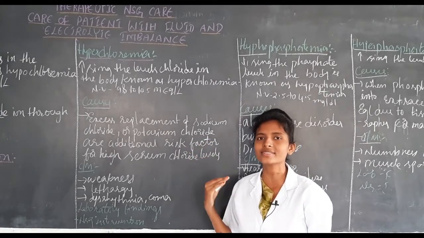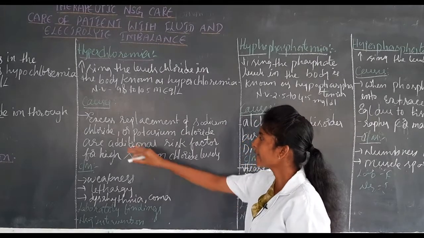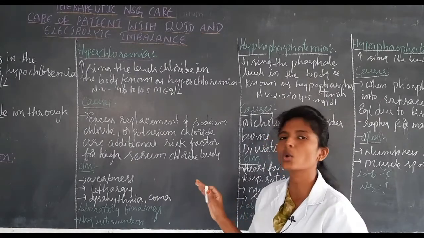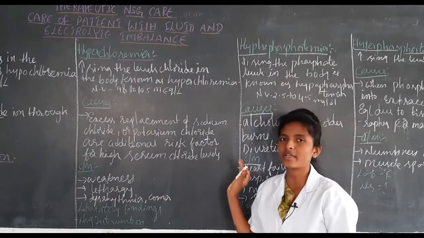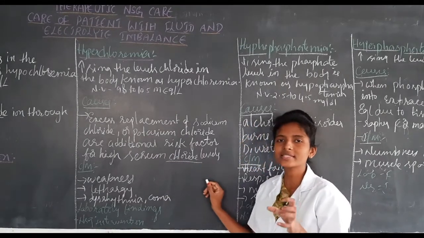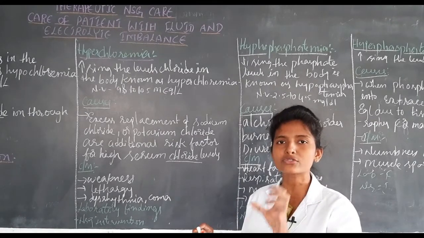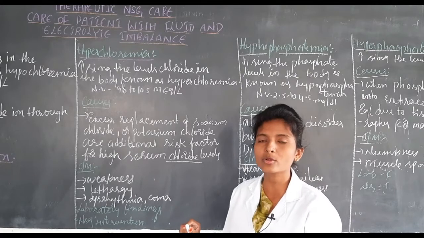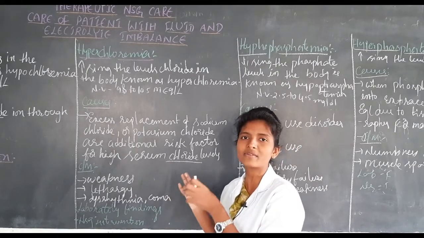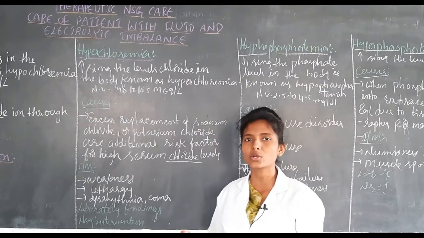What are the causes that lead to hyperchloremia? The first thing is excess replacement of sodium chloride or potassium chloride, or additional risk factors for high serum chloride levels. So this is the main cause that leads to hyperchloremia.